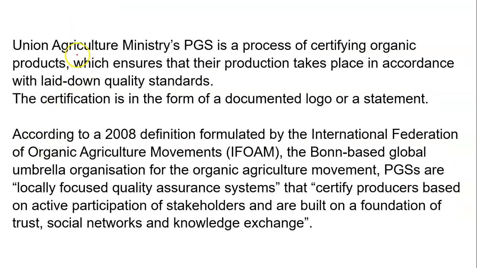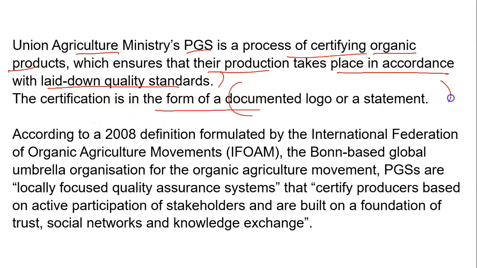Actually, this is the Union Agriculture Ministry. PGS is a process of certifying organic products which ensures that their production takes place in accordance with laid down quality standards, and the certification is in the form of a documented logo or a statement.